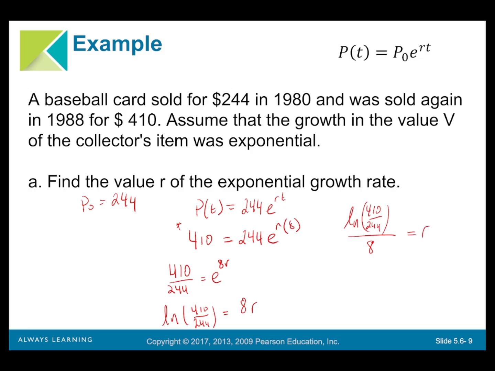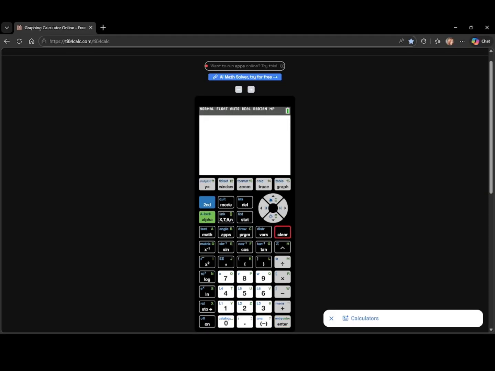So let's throw that in our calculator, see what we get for our r value. We have natural log of 410 divided by 244. Close your parentheses here, then divide by 8. We get 0.06487. Back to the slides.